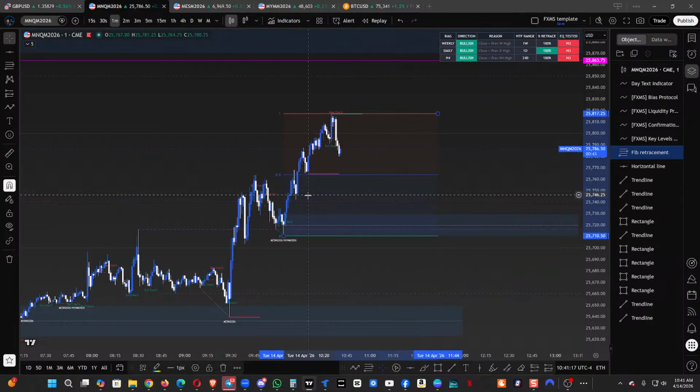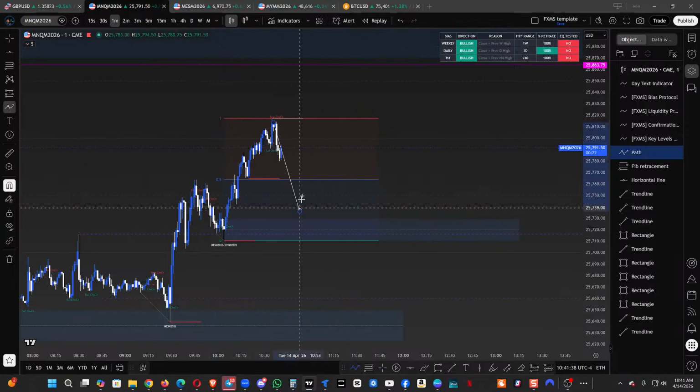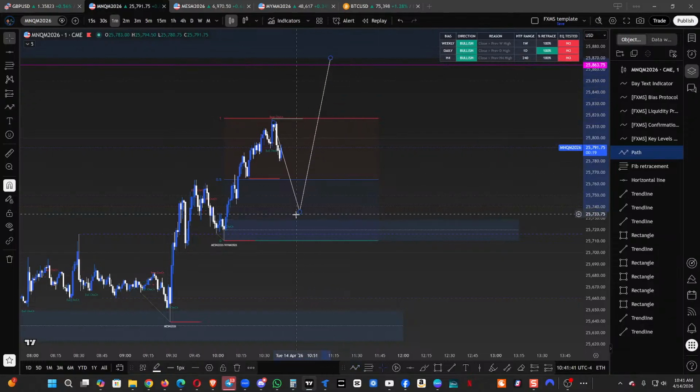So we've got a sweep here or a sweep here into an order block here or an order block here that we can get for a move up to continue up to here. This is our current setup that we're waiting for. Either price comes down and sweeps this level or this level and then gives us a move up right here. That's what we're looking for.